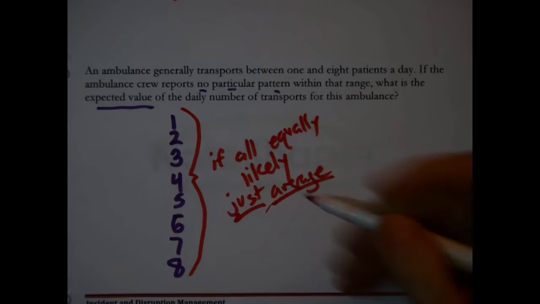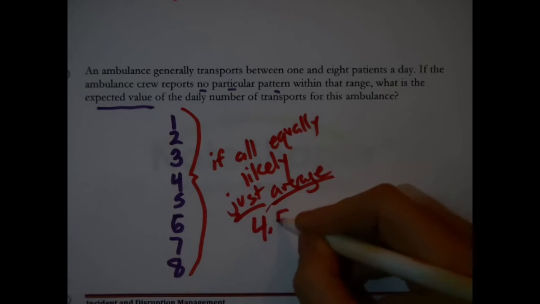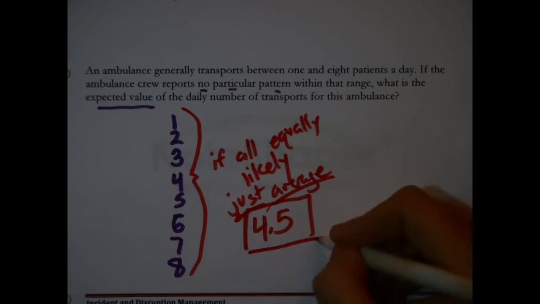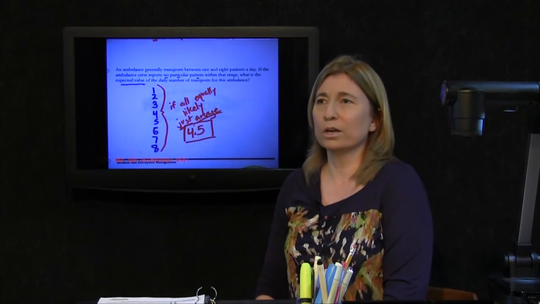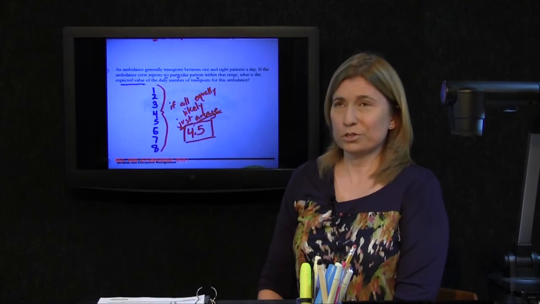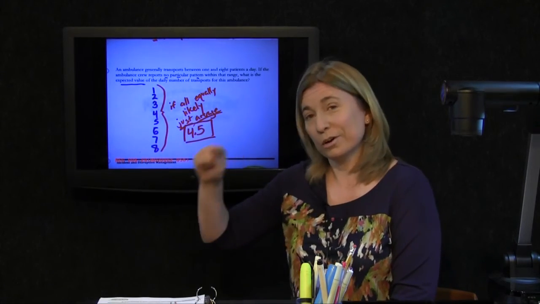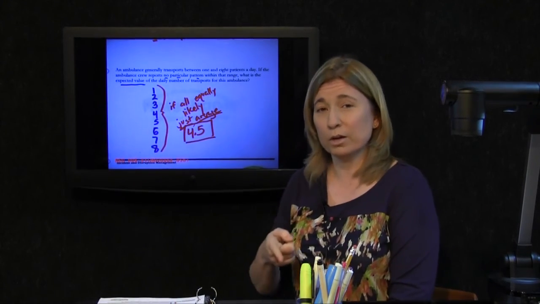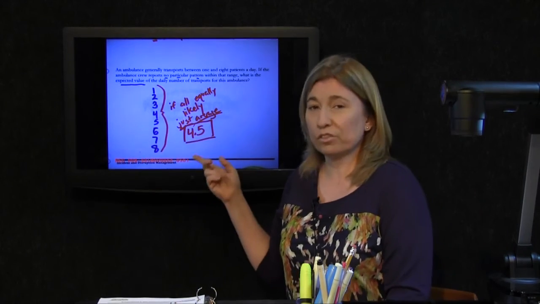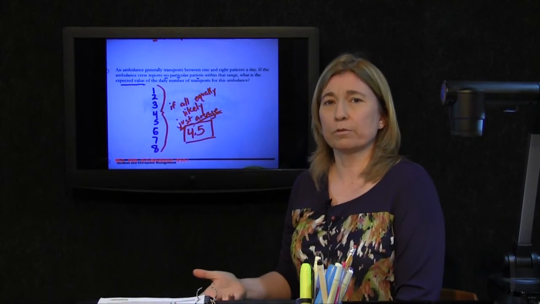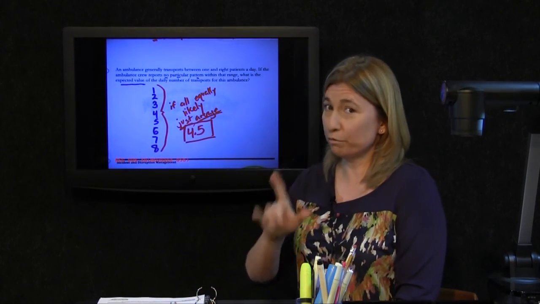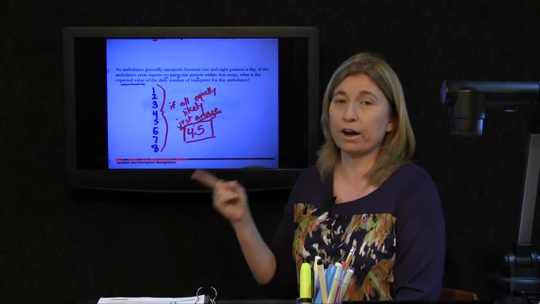I get that list averages to 4.5, which is what you would also get if you did it the long way and said 1 times 1/8 plus 2 times 1/8 plus 3 times 1/8 all the way down to 8. Check me on that. Nonetheless, the expected value of the number of transports daily based on this information is 4.5 patients.